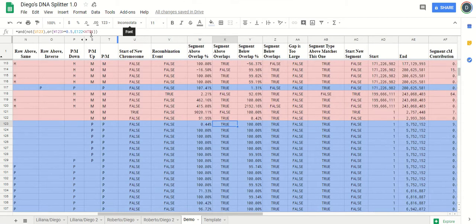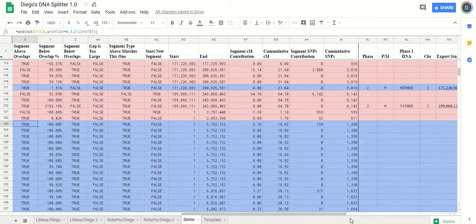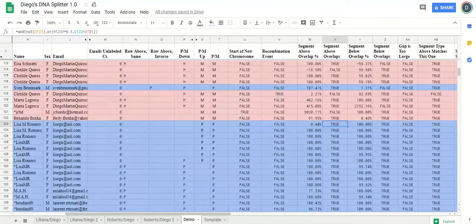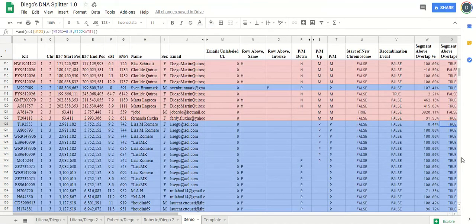Otherwise, if the ending of the segment is less than 3.7 million, which is defined right here in AT1. This is basically saying that the length of the smallest segment might be, and it's my own guess, so it's a number that can be changed here. But I'm saying a segment will not be smaller than 3.7 million.